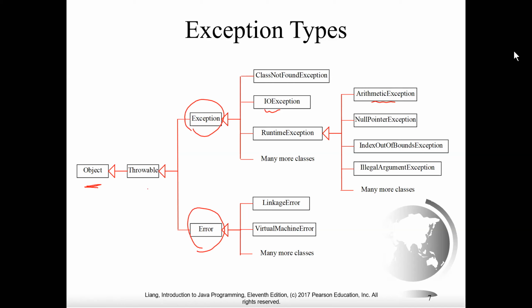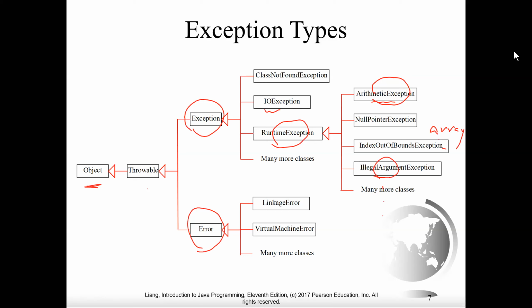And under Exception, you have ClassNotFoundException, IOException, and RuntimeException. Under RuntimeException is the ArithmeticException that we already learned and used, and some other exceptions like NullPointerException and IndexOutOfBoundsException, for arrays: if the array index is out of its bounds, it can cause this kind of error. And the IllegalArgumentException, which we also saw in our previous example, and many other exception classes.